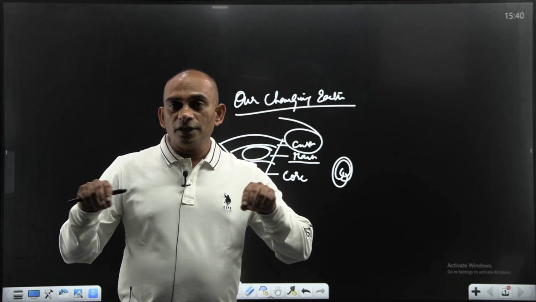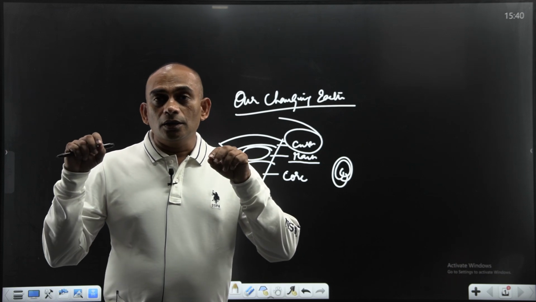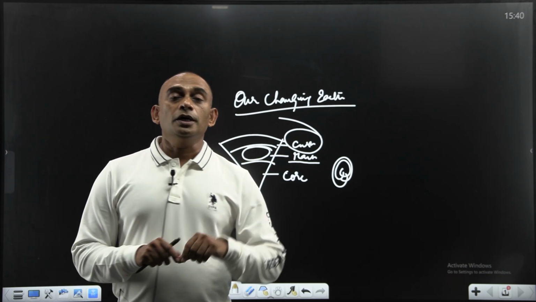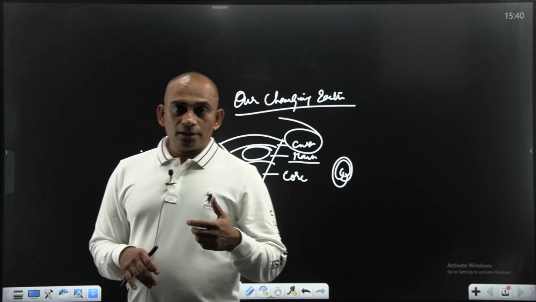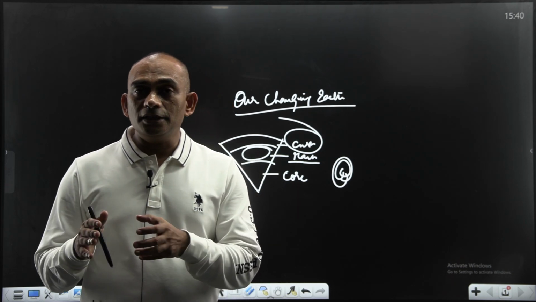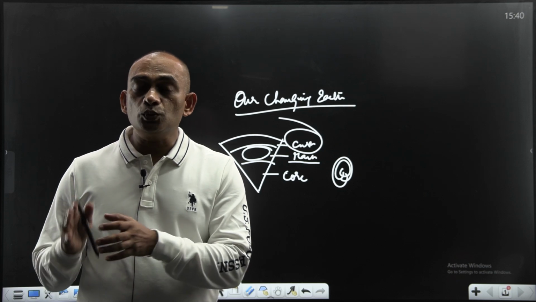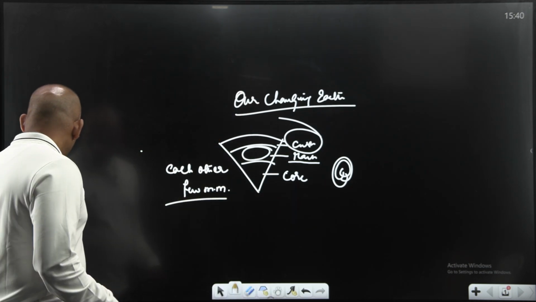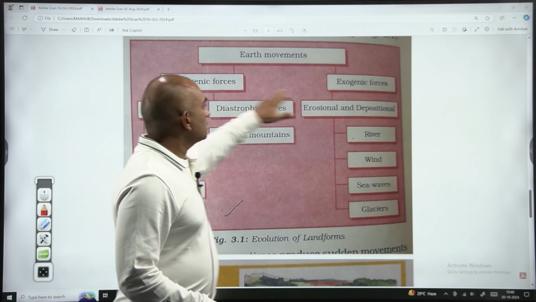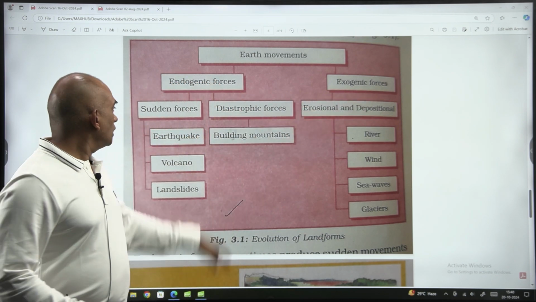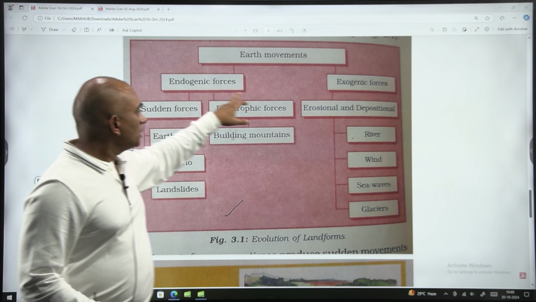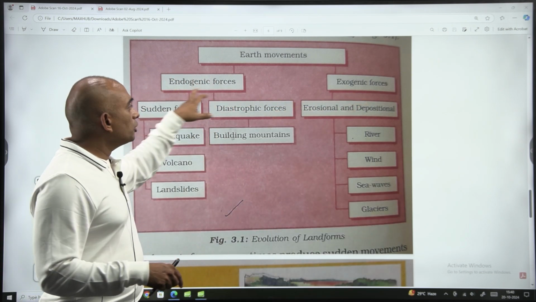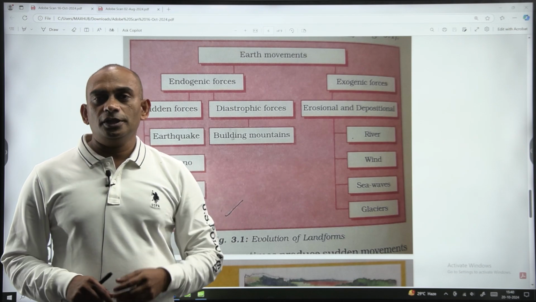The movement of these plates is responsible for the changes on the surface of the earth. These movements are divided depending upon the forces which act on them. What are the forces which act on these movements? There are two forces: endogenic force and exogenic force.